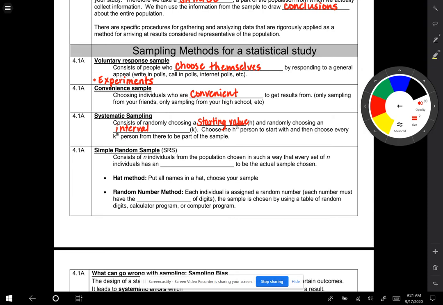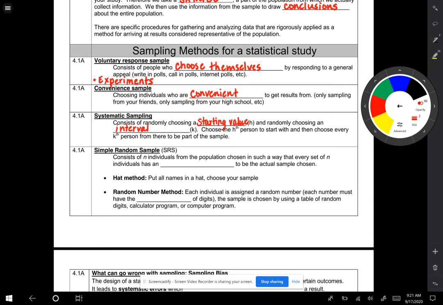For instance, you see 100 people outside the stadium, you start with the first person there, and then collect information from every seventh person. That would be an example of systematic sampling.